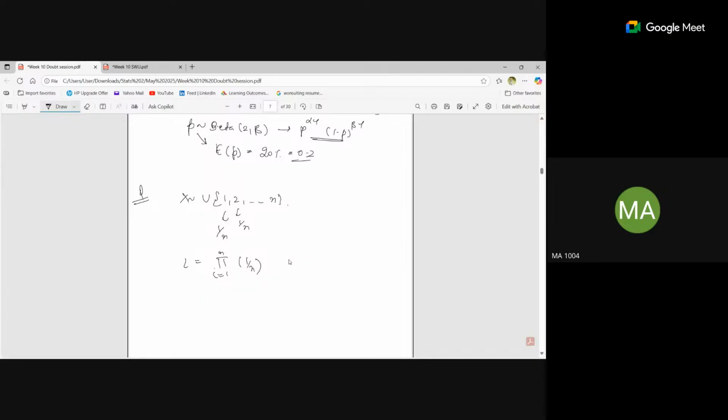So for each of the product, this will be 1 by n, raised to the power n. If I take the log of L, it will be n log 1 by n. Just a second.